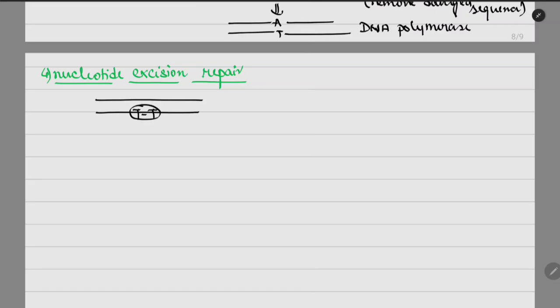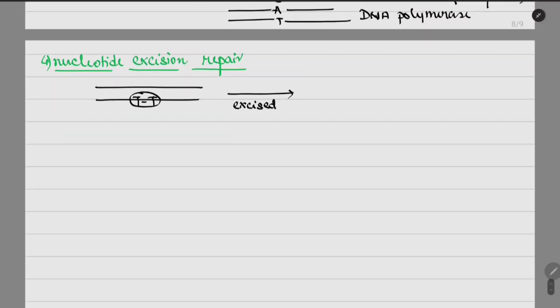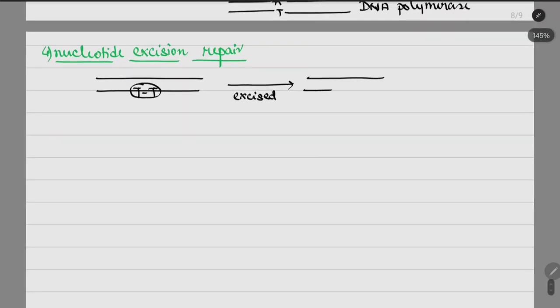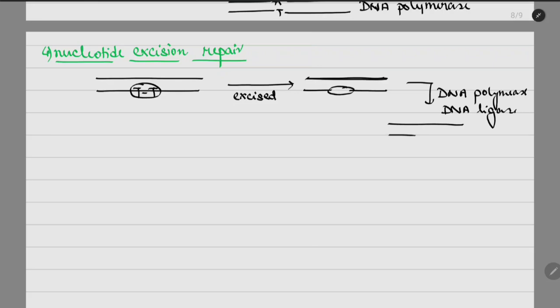Okay. After the recognition, this is excised, and there is a hollow point formation. Then again, by the help of DNA polymerase and DNA ligase, the corrected ones are attached here. And new DNA formed.